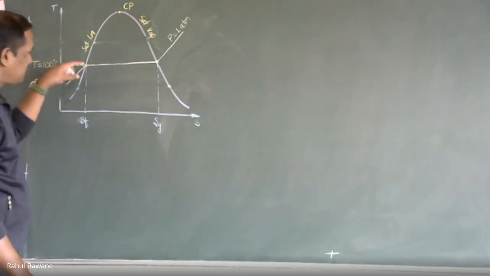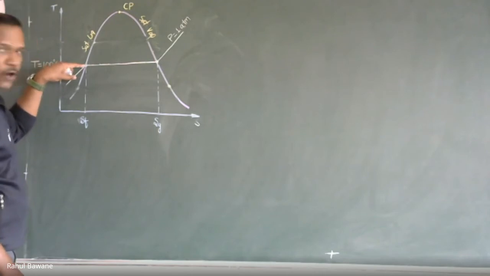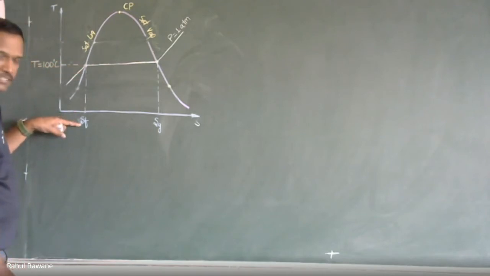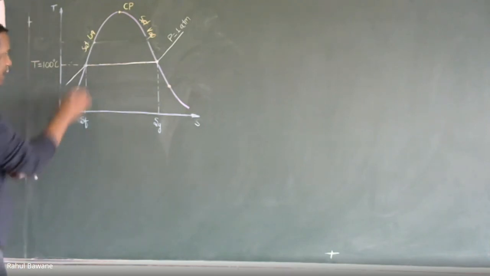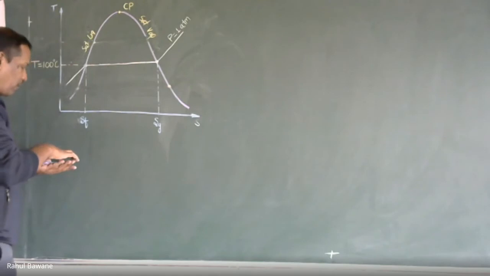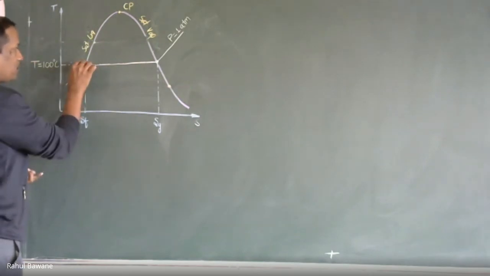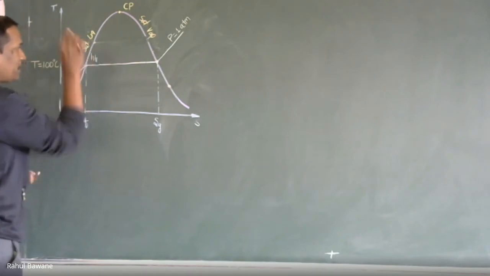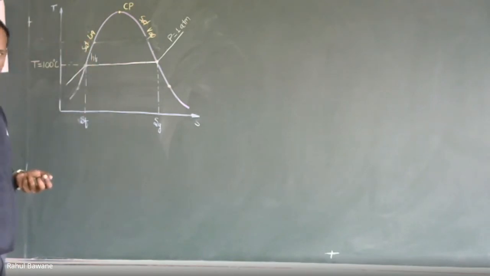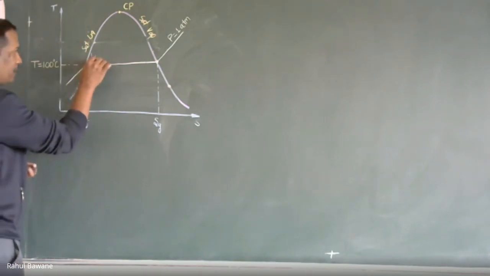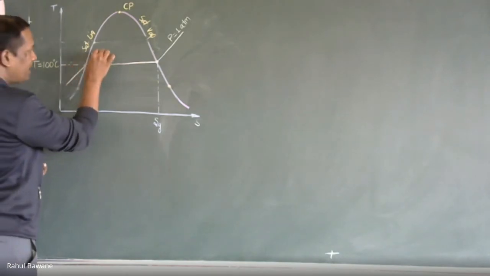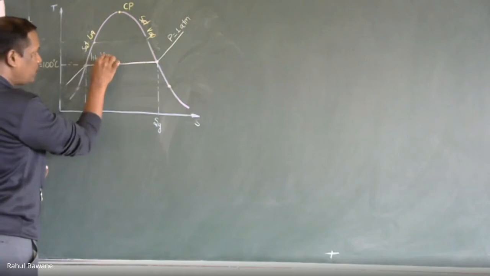Now if I am checking at this point, as I get specific entropy of fluid, similarly at this point if I am calculating enthalpy, I get specific enthalpy of fluid. If I am checking the specific volume, I can write it as specific volume of fluid.